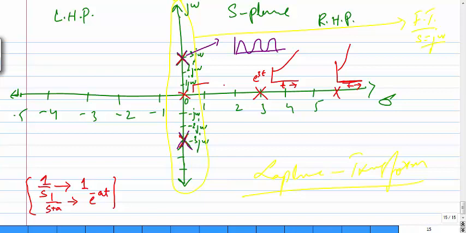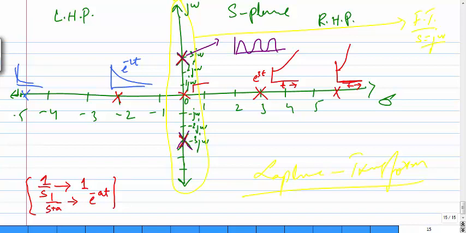If I move further away to the right side or left side, my response is fast. If I am at the right side, the response is growing fast. Similarly, if I move to the left side, for example here, now my response is decaying, exponential minus 2t. But if I go further here, this decay is fast.